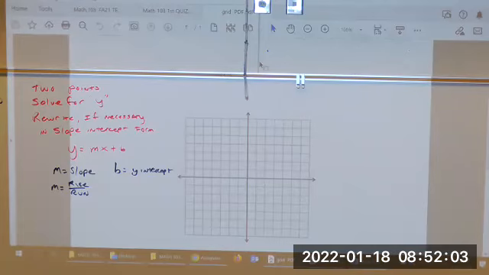Okay. So we have to get the 4x over to the right side. Since that's a positive 4x, you would subtract 4x from both sides, minus 4x. You want to undo a positive 4x, so you subtract 4x from both sides.